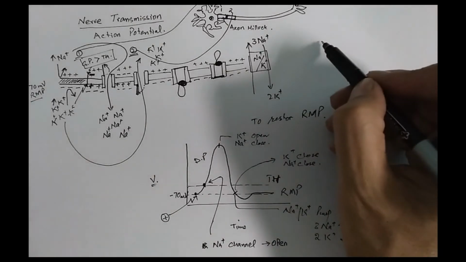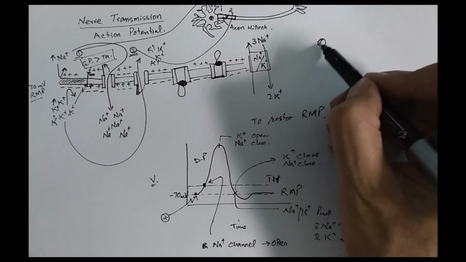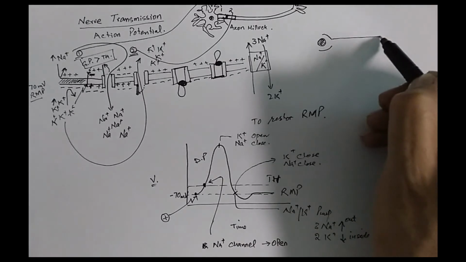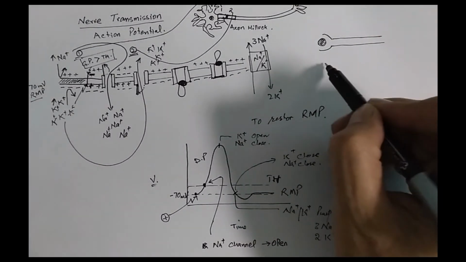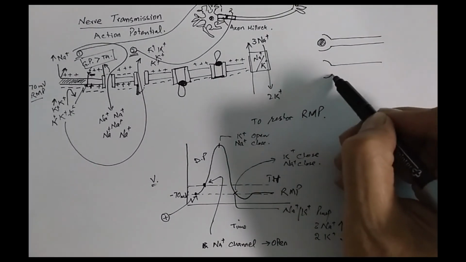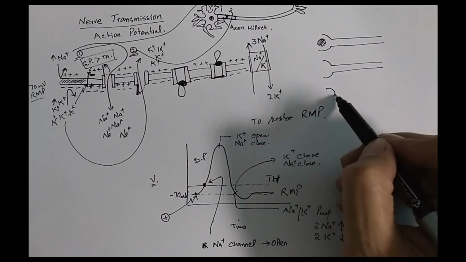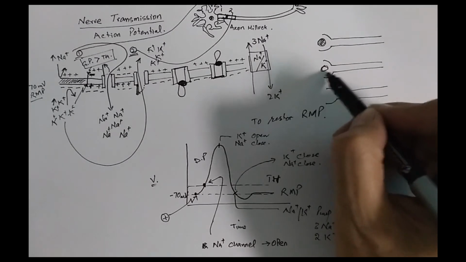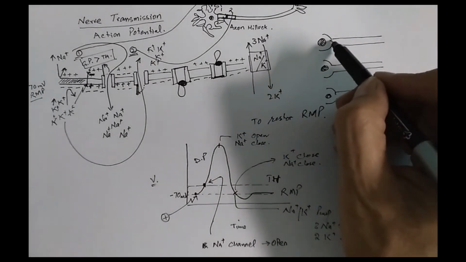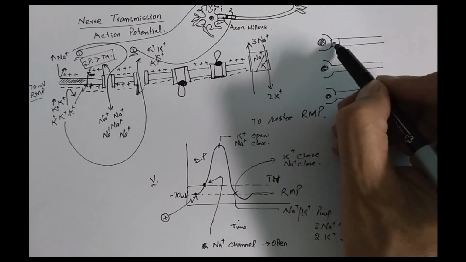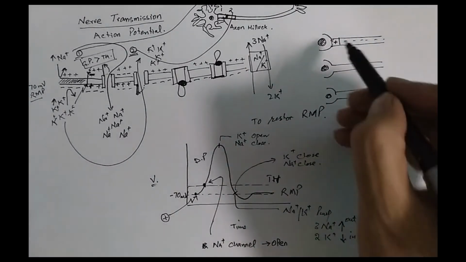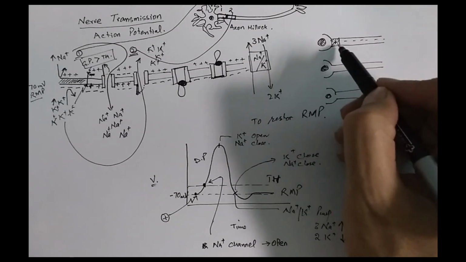So basically what is happening in terms of the conduction of the nerve impulse, so this is a basic neuron. The axon hillock first becomes positive while the rest of the neuron is all negative. So this is the initiation of the action potential.